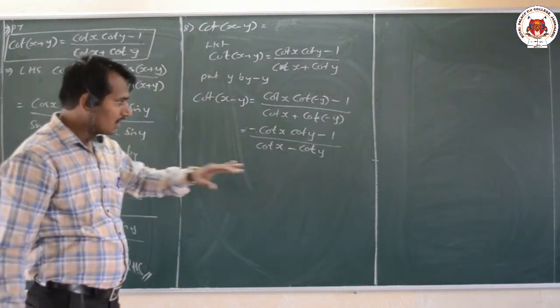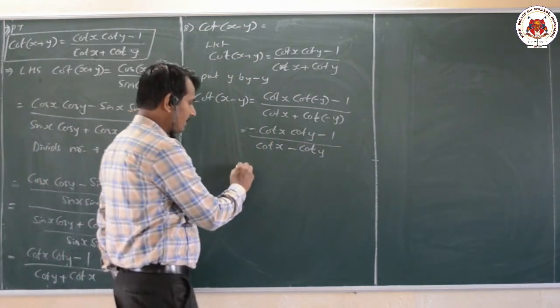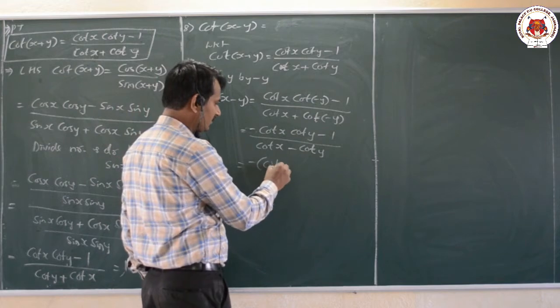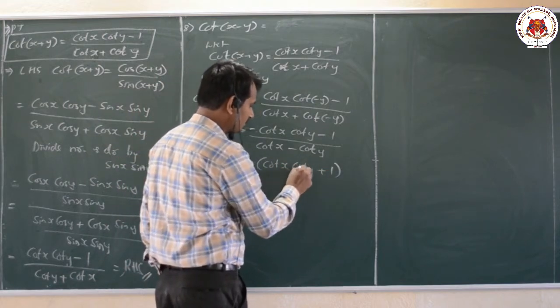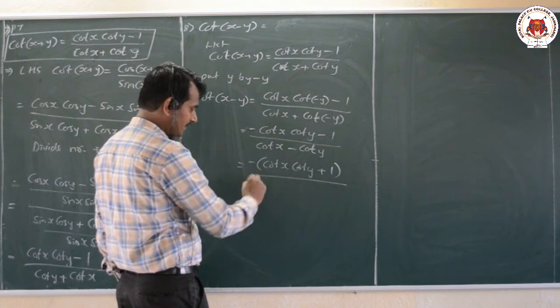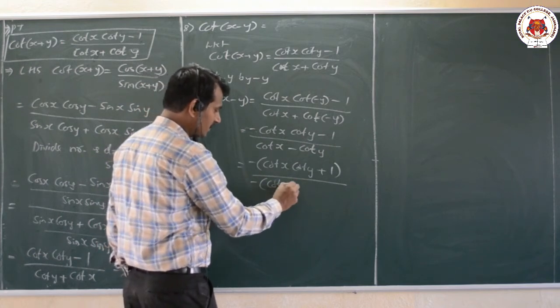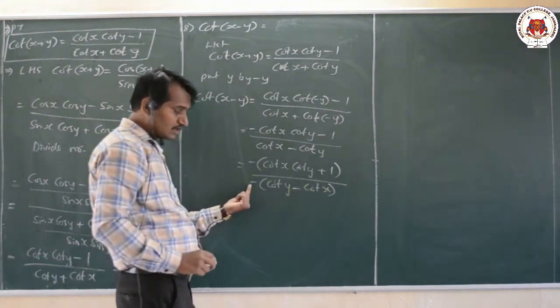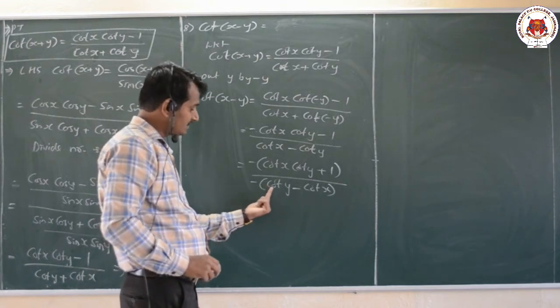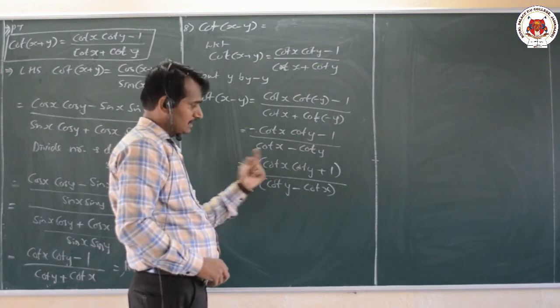Now here, if I take minus outside, also in the denominator if I take minus outside, what we get is cot x cot y plus 1 whole divided by cot y minus cot x. That means if you multiply with the minus sign, minus cot y, minus into minus gives plus cot x.